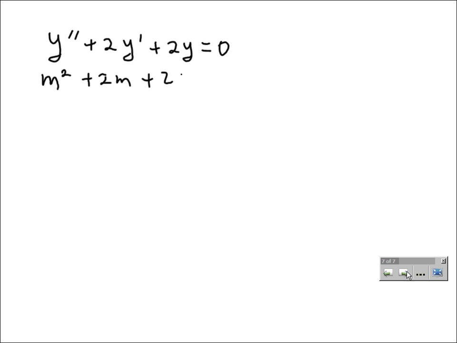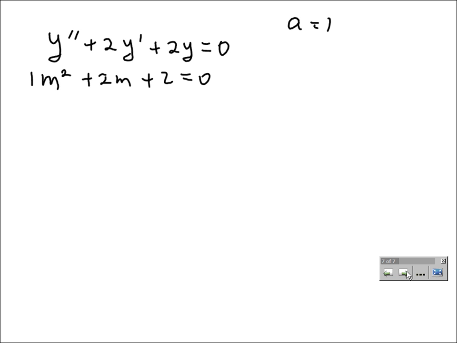Now, suppose you have y double prime plus 2y prime plus 2y is equal to 0. The auxiliary equation would be 1m squared plus 2m plus 2 equals 0.